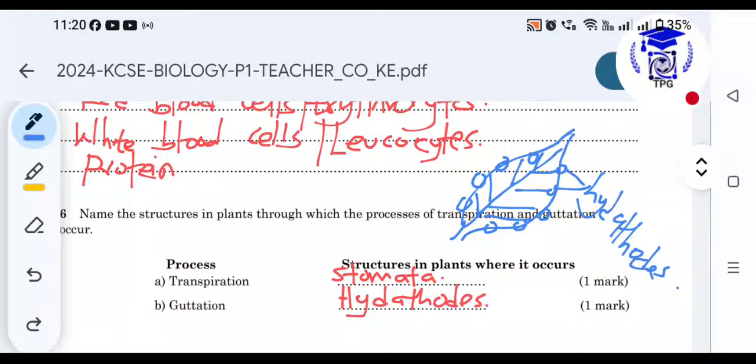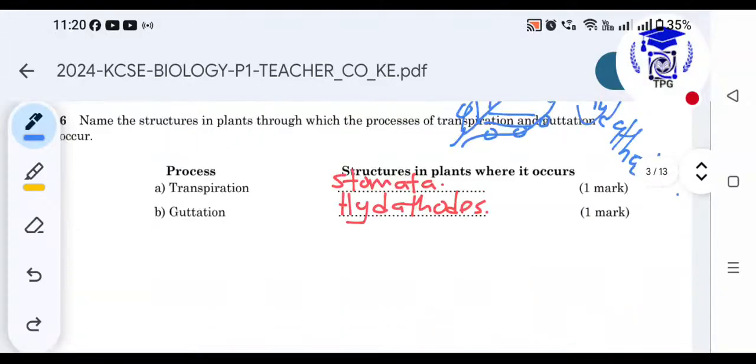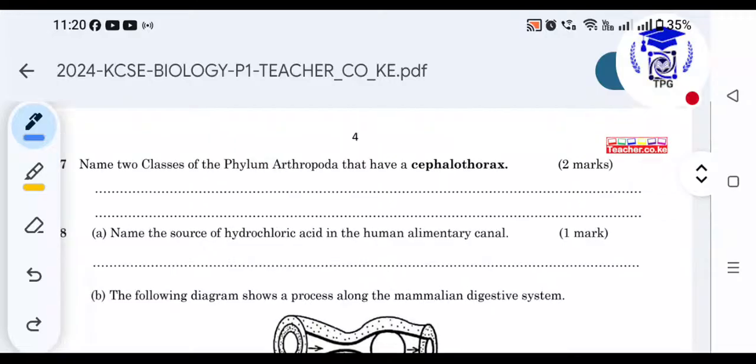Number 7. Name 2 classes of the phylum Arthropoda that have a cephalothorax. Good question.